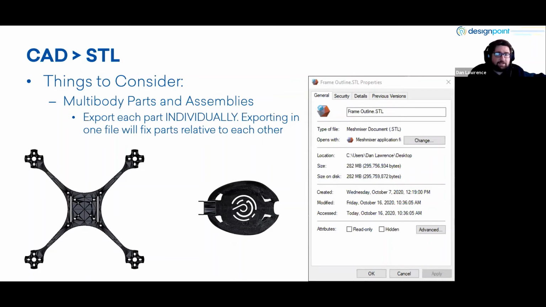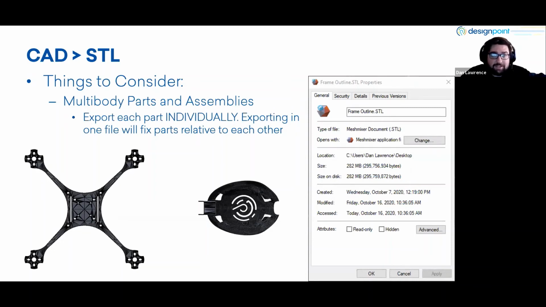I mean, there are rare occasions, but most of the time you're going to want to export as individual files, because if you don't, it may look like there are multiple bodies in your STL file when you open it up in whatever CAD software you're using. But once you send it to the printer, if there's any coincident mate or any coincidence between those two, if they're touching at all, they're going to fuse together and be printed as one part. So that's something you want to consider.